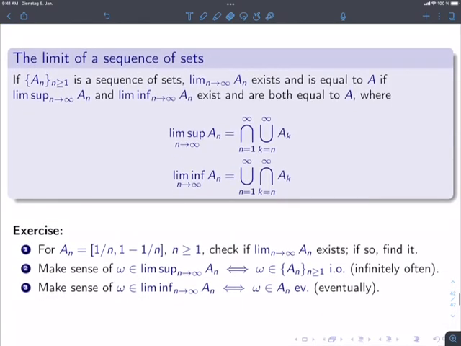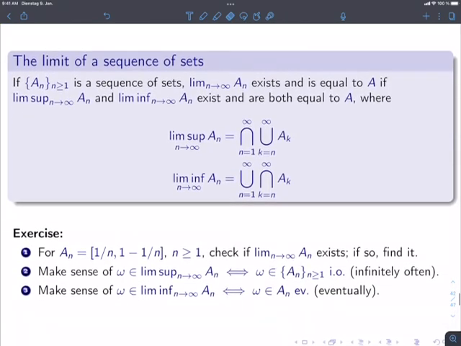All right, so you guys know about limits of sequences of real numbers. So if you have a sequence of real numbers, you know something about how to take the limit of this, and we're going to discuss now what it means to have a sequence of sets which have a limit.